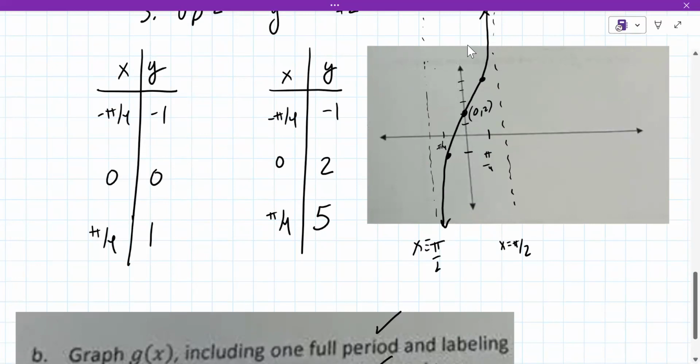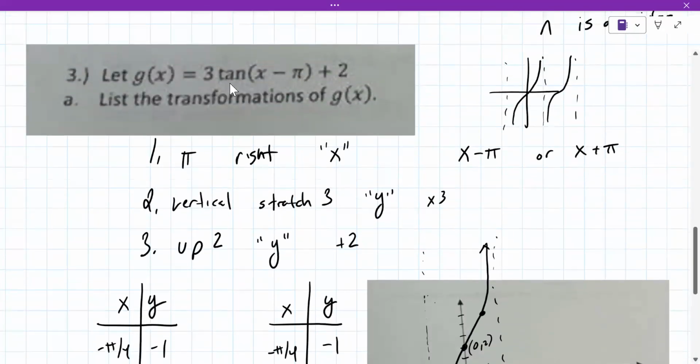How did you get those asymptotes? So they're known from the parent function. The parent function always has asymptotes at minus pi over 2 and pi over 2. The fact that it's transformed to the right by pi doesn't affect that. It has to do with the fact that tangent is sine over cosine.